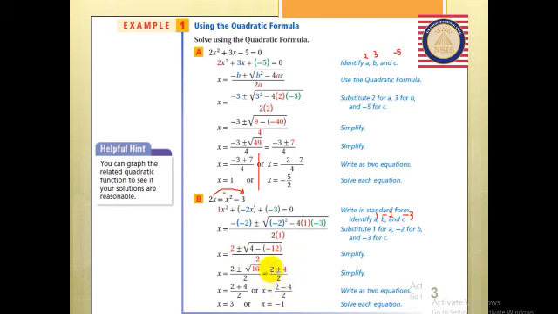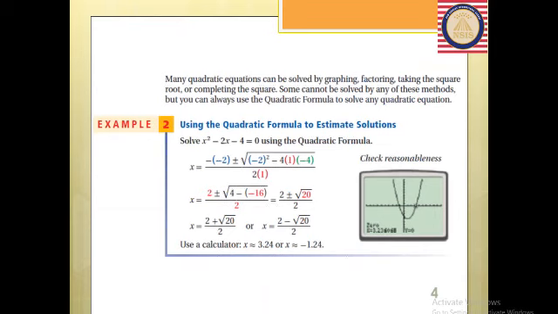Very good. I'm going to split my paper into 2 parts and solve it in 2 ways, once with plus and the other with minus. So here x equals 3 and here x equals negative 1. Very good. Let's take another.